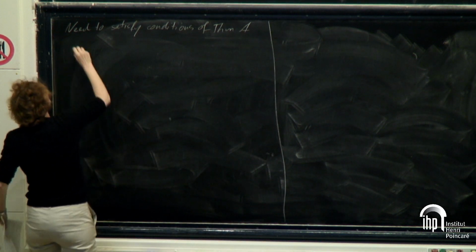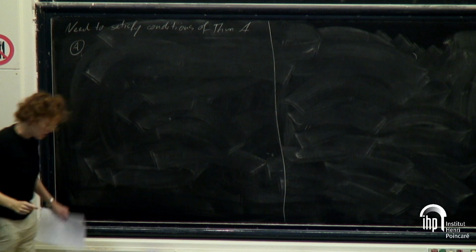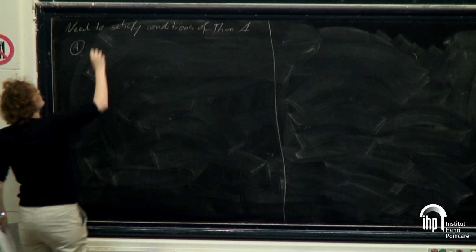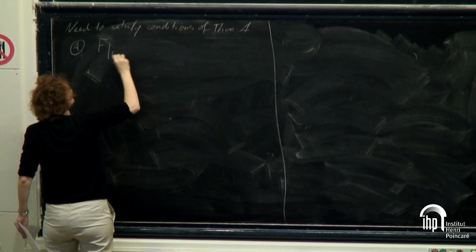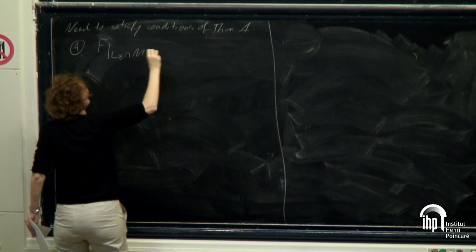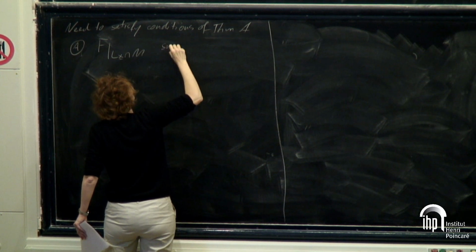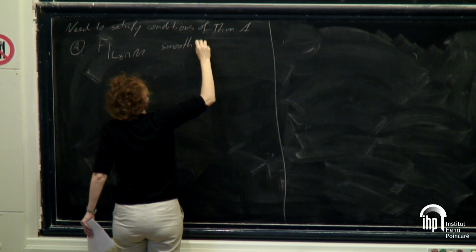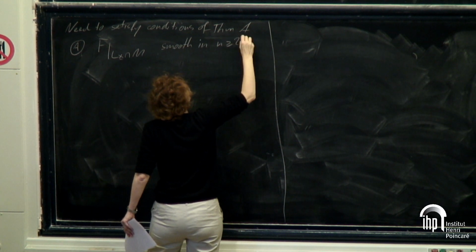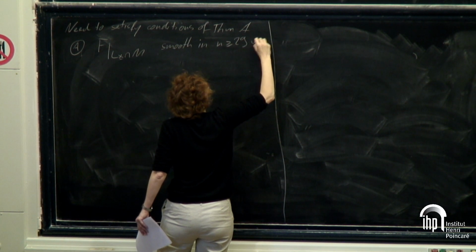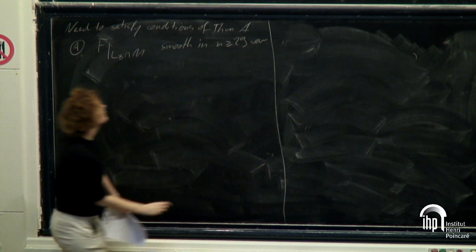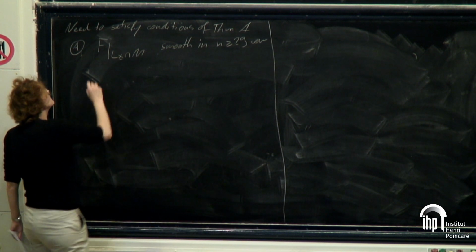So what do we need? Well, the first part is we need f restricted to Lx. M is smooth, and at least 29 variables.